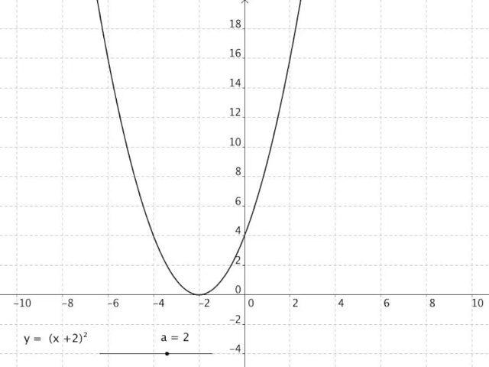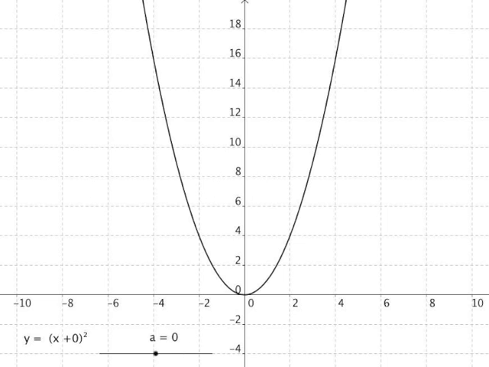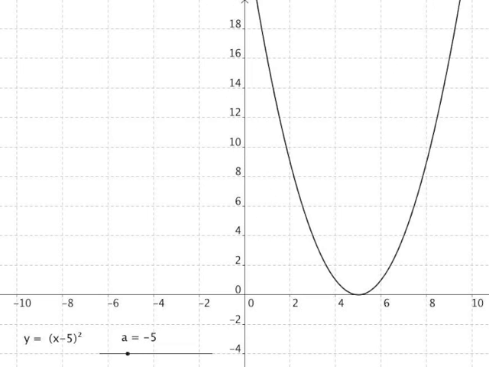Actually it does the opposite, it goes to the left. So if you are adding a number, in this case adding 4, you need to get in your mind that the graph moves left. And likewise, if you subtract the number, the graph moves to the right.